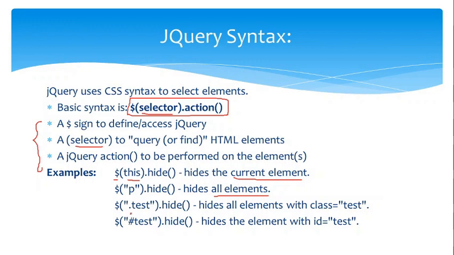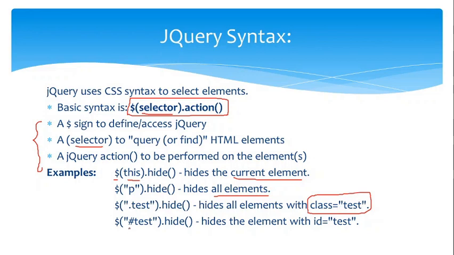Dollar dot test dot hide hides all elements with class equal to test. Whenever you use a class in any tag, you write dot test, and wherever this class is used, all those elements will be hidden.